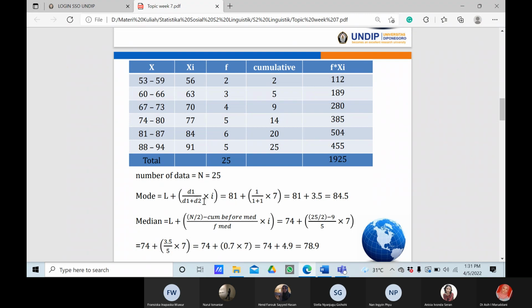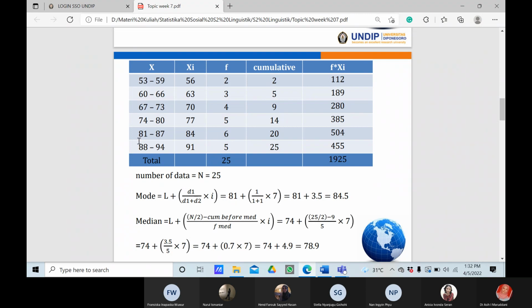D2 is the difference between the frequency of the class mode and the following class. Okay, with the example, we see that the highest frequency here is 6.